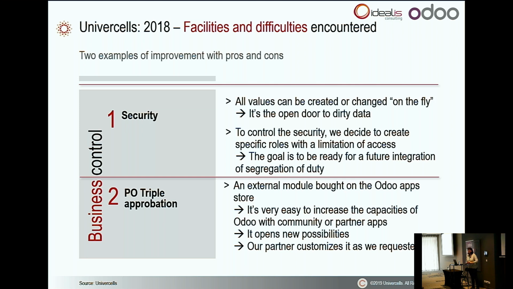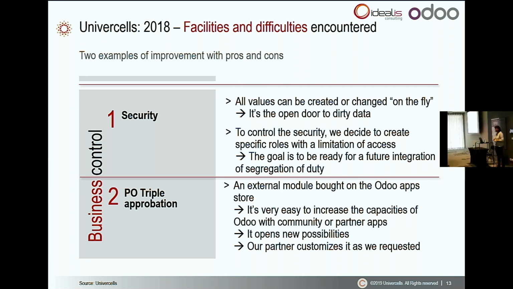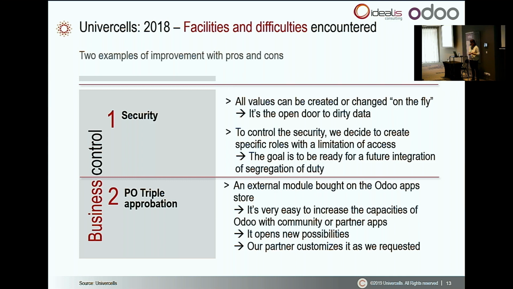So we encountered facilities and difficulties, and I want just to mention two. First difficulty, the security. When you use Odoo, one of the easy things is that you can create your data and values on the fly. It's really easy.